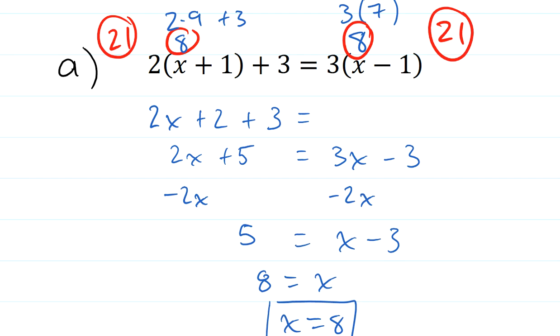There are other steps I could have taken, but the reason why I can state emphatically that 8 is a solution is because when I plug in the value of 8, I end up with truth. The left and the right-hand side are equal to each other. So truth always wins.